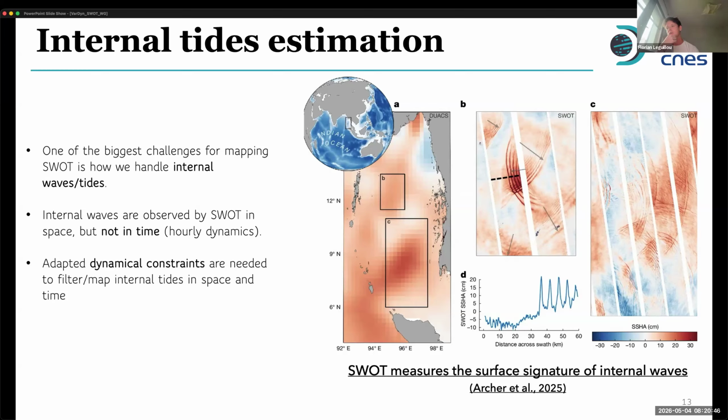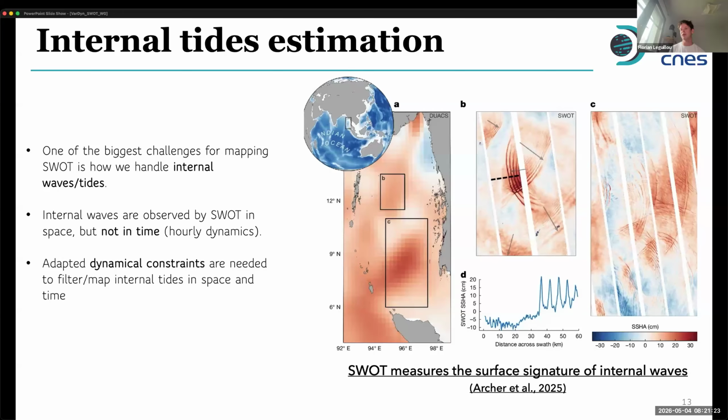People who are looking at these processes are super excited, but in the mapping community it's really a challenge because it's a small scale signal observed by SWOT, but super dynamic, meaning they have really small time scales of several hours, and with the low revisit time of SWOT, which is basically 10 days, it's really complicated to map these processes.